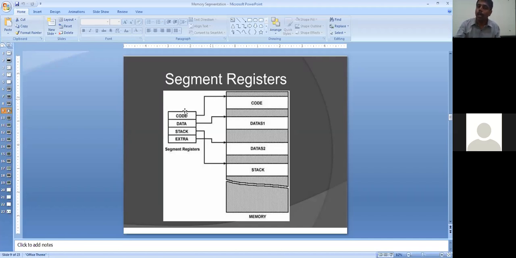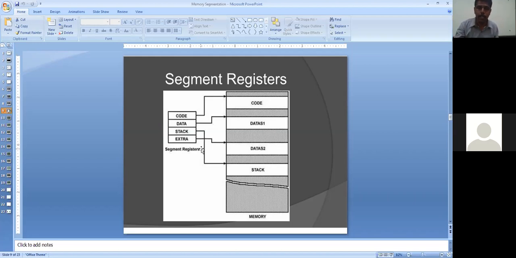Now, how can we convert this 16-bit address representation into a 20-bit physical address? You convert that 16 bits into 20 bits just by left shifting by 4 bits and appending a 0 at the LSB 4 bits.